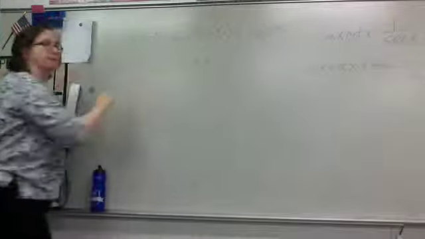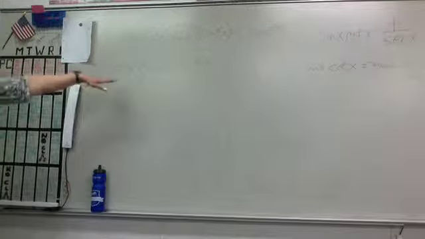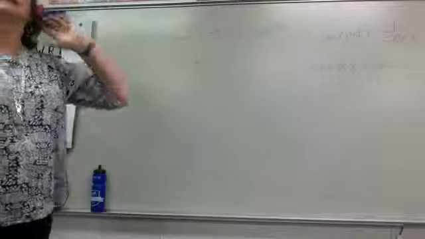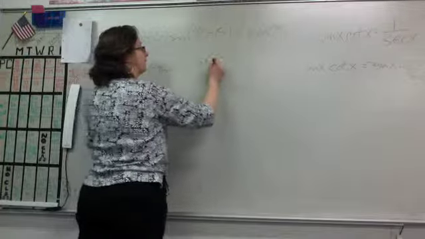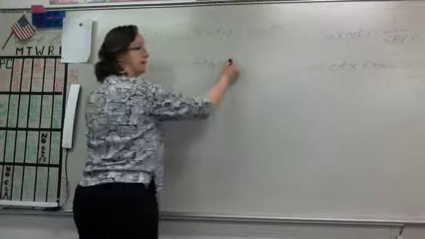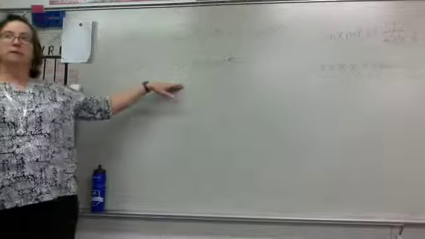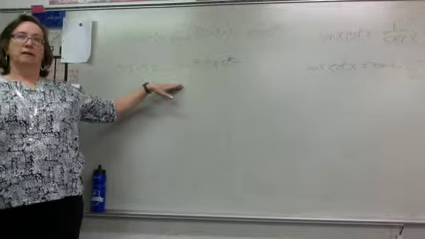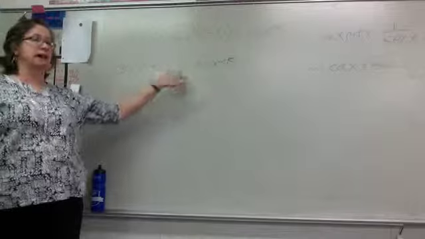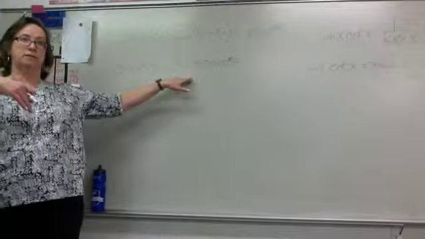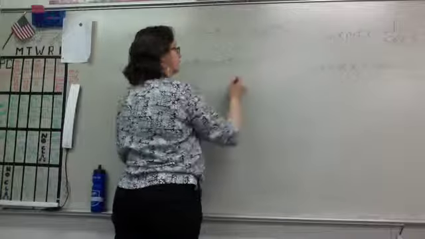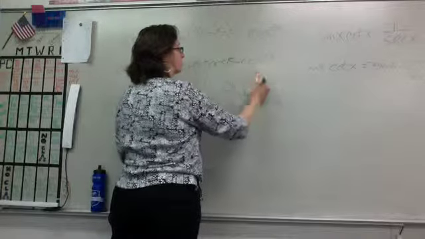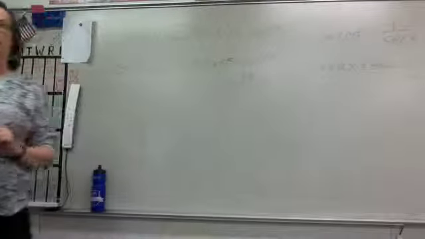What is the cosine of negative theta? We talked about that at the beginning of the book. It's an even function, so cosine of negative theta is the same thing as cosine of theta. What about this one? The sine of the complementary angle is the same thing as the cosine of the original theta. So this is cosine theta. So what does it become? Cosine squared theta.